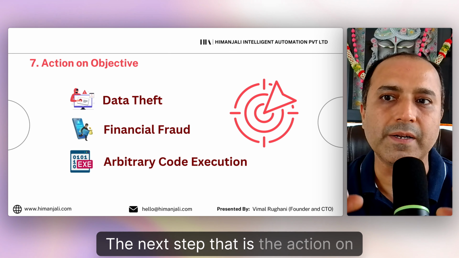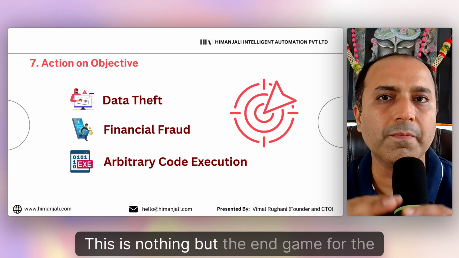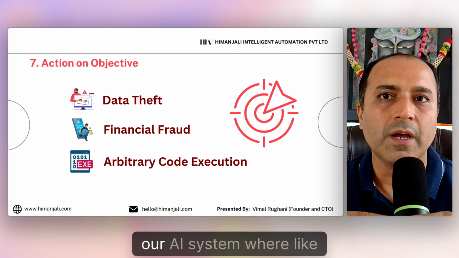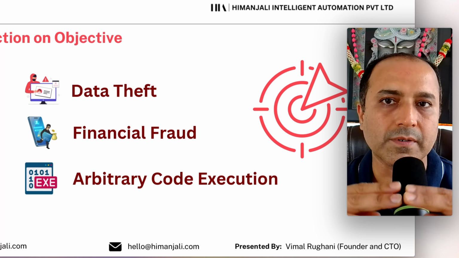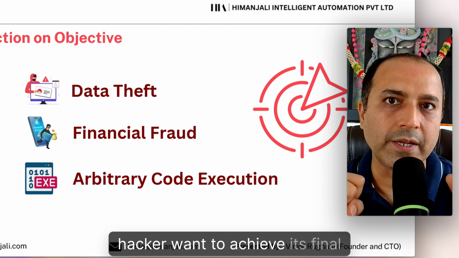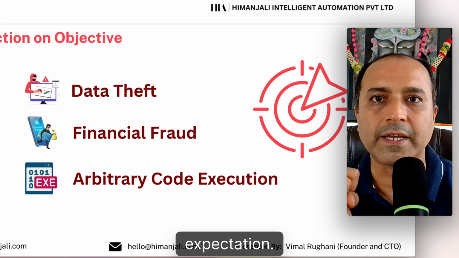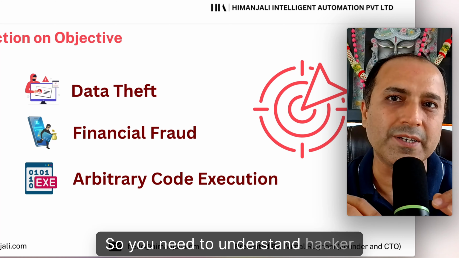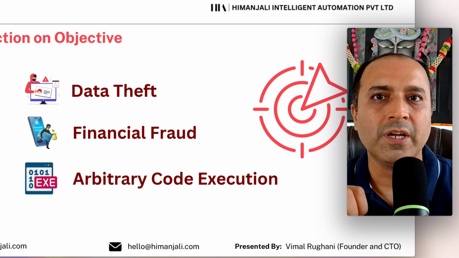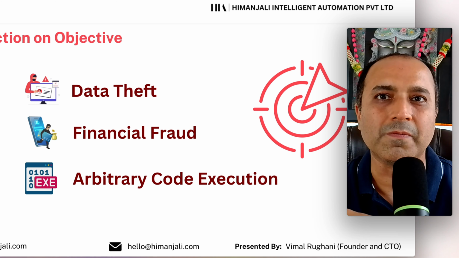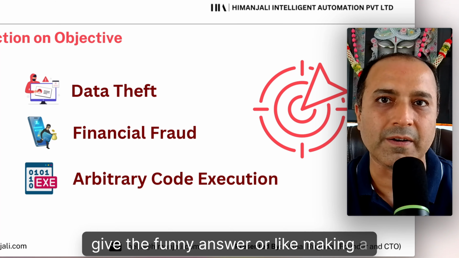The next step is the action on objective. This is nothing but the end game for our AI system, where the hacker wants to achieve the final malicious expectation. You need to understand, the hacker is not just trying to make the chatbot give a funny answer or making a mess around.